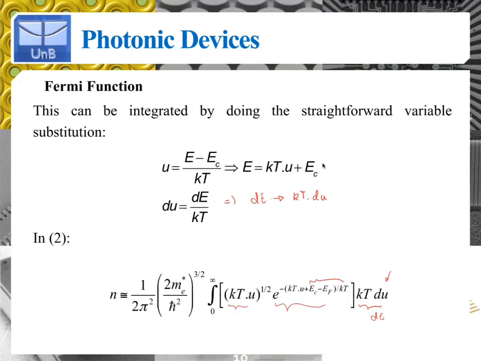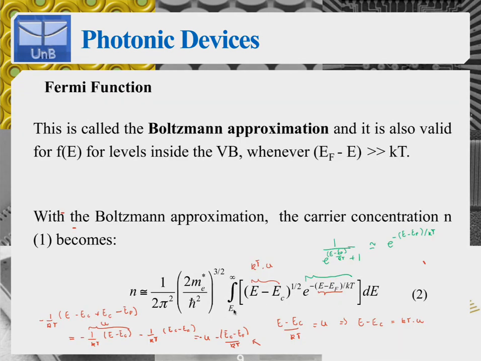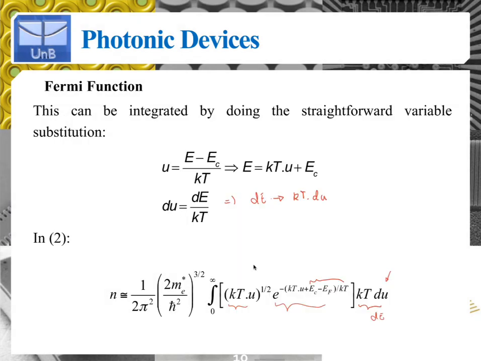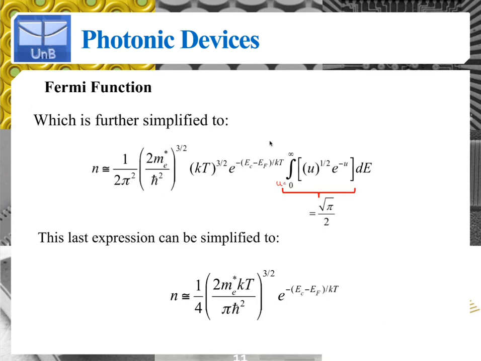Now, if in the original integral, actually this is not the original integral, this one right here, if E was ranging from E equals EC to E equals infinity, if we replace it here, E equals EC will give us U equal to 0 because EC cancels out with this EC right here, and E equals infinity will give us U equal infinity.